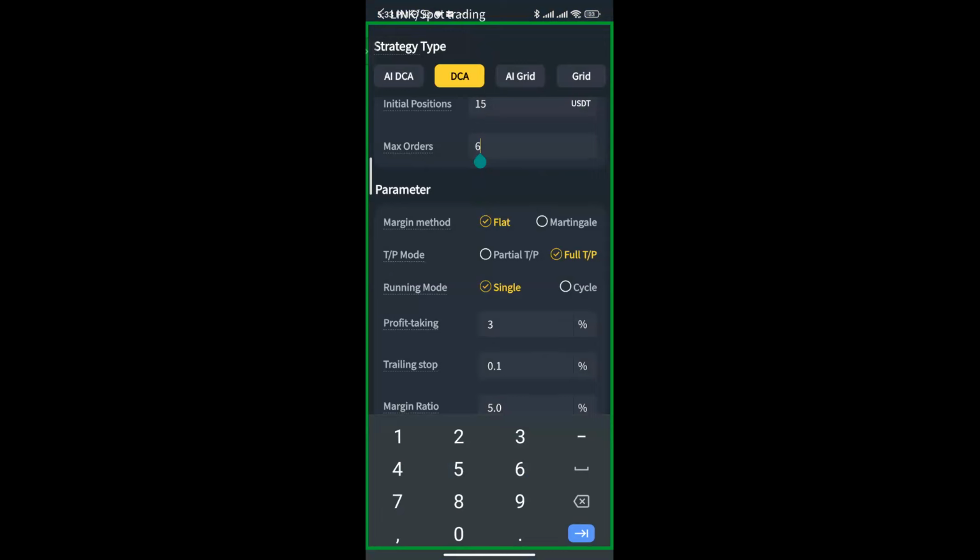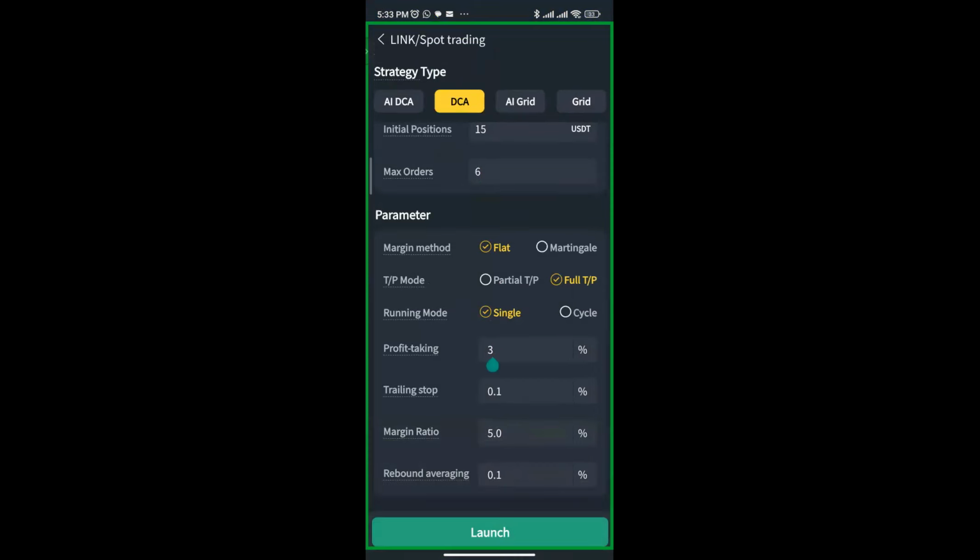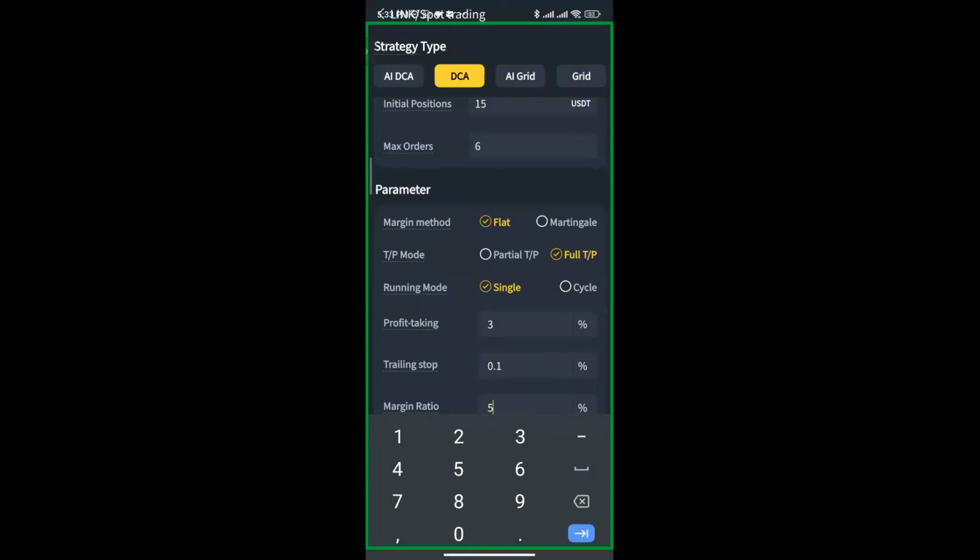It means with my $100 I can participate in this market, right? Now my profit is $3, and the margin ratio is no longer 5. It's now 4. I hope you understand how it got to 4. We did 24% divided by 6, so you get 4.